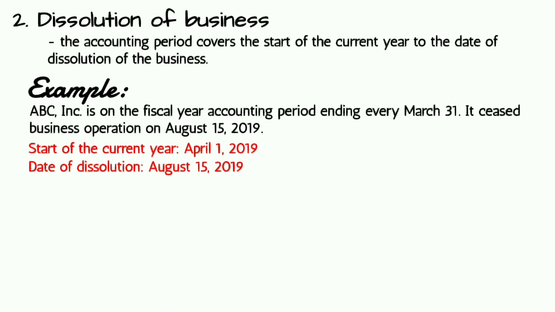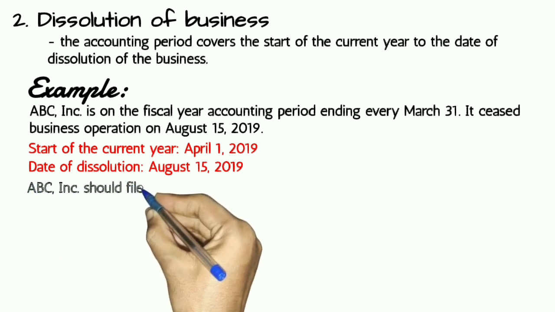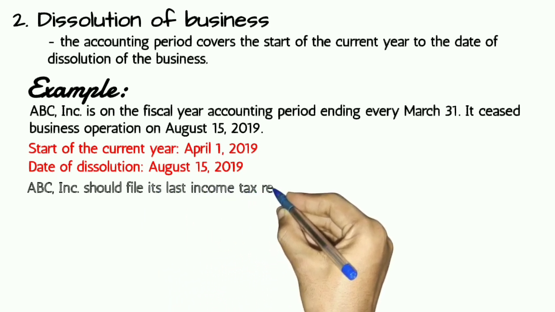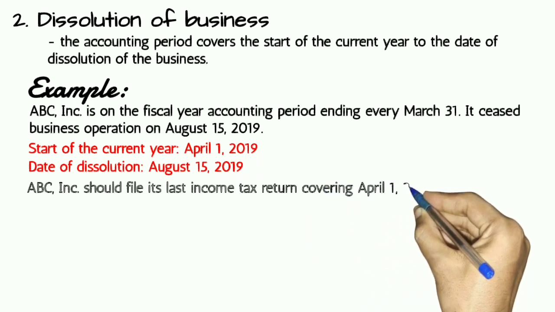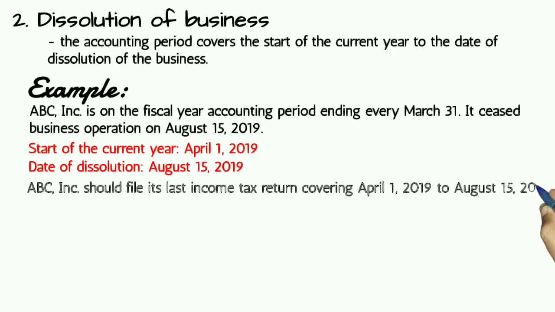Kung ang accounting period ni ABC Incorporated ay from April 1, 2019 to August 15, 2019, then ABC Incorporated should file its last income tax return covering April 1, 2019 to August 15, 2019.